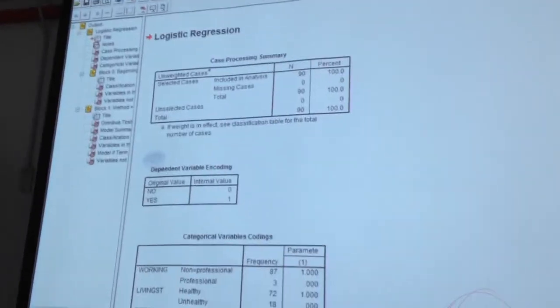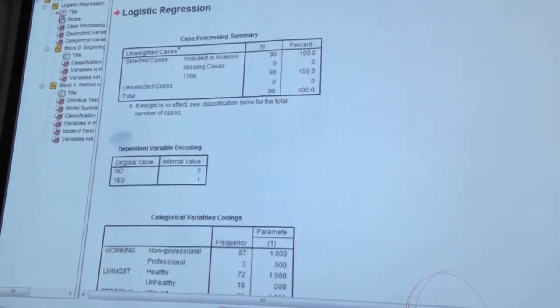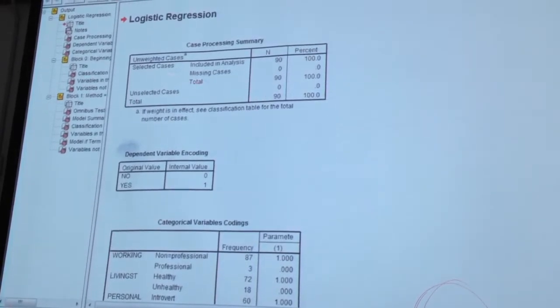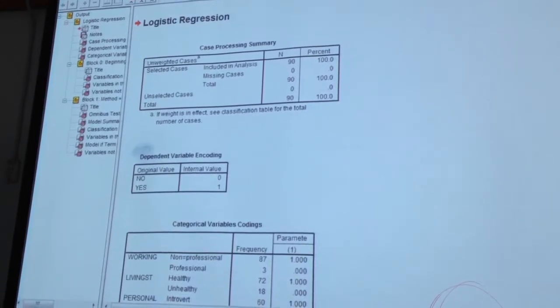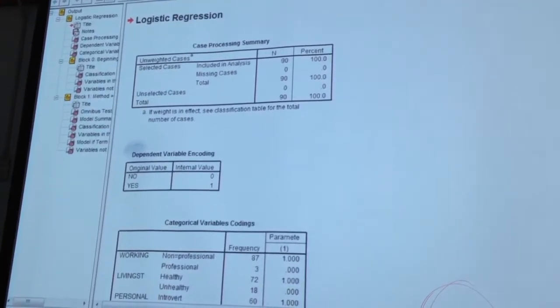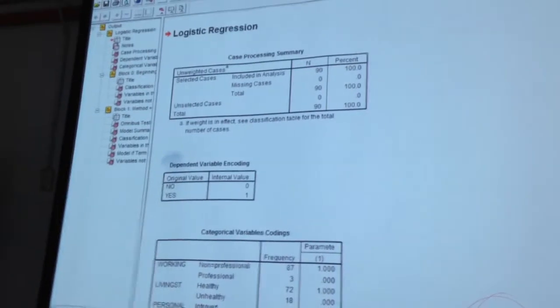So when we click okay, there are a lot of tables. So we have 90 respondents. For multiple logistic analysis and multiple regression analysis, normally our respondent number must be a minimum of 10 for each variable.